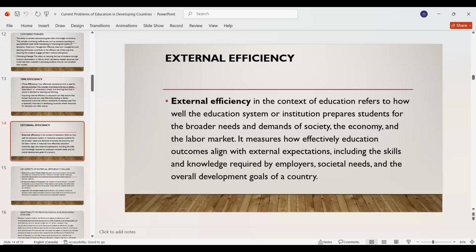But as a principal, the management side, administration side, the duty is something different. So it measures how effectively education outcomes align with external expectations, including the skills and knowledge required by employers, societal needs, and the overall development goals of a country.